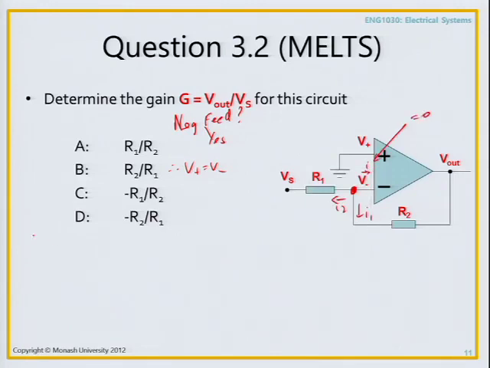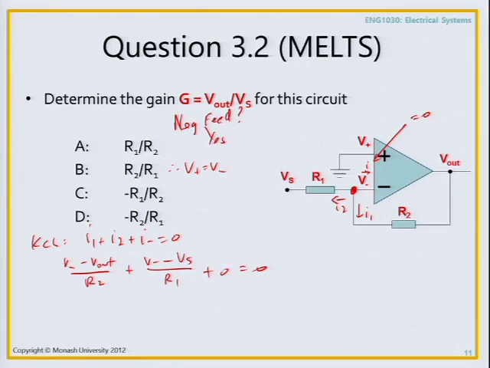So therefore, KCL says I1 plus I2 plus I minus equals 0. And we substitute for the currents. So I1 is (V minus subtract V out) over R2, plus I2, which is (V minus subtract Vs) over R1, plus 0 equals 0.